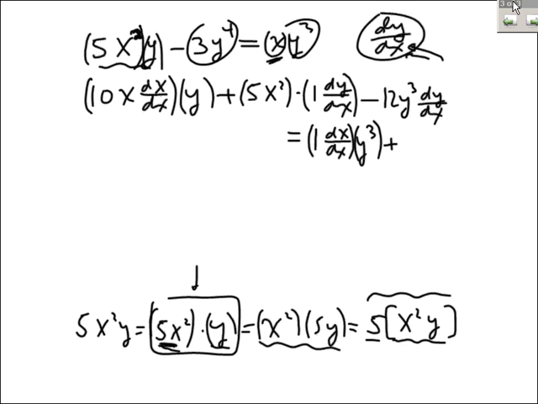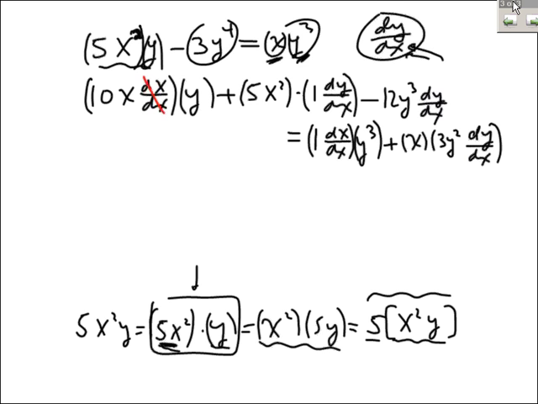Now we reverse the game. It's just the first, and now we take the derivative of the second. The derivative of y cubed is 3y squared. Y cubed is in terms of y with respect to x. And all I'll say is that this over here cancels out to 1.